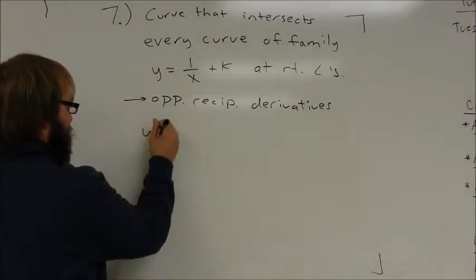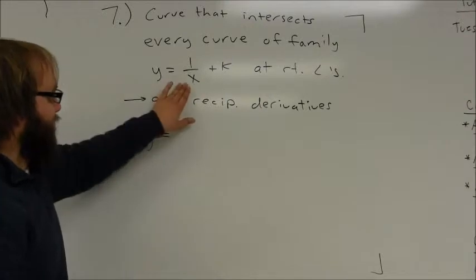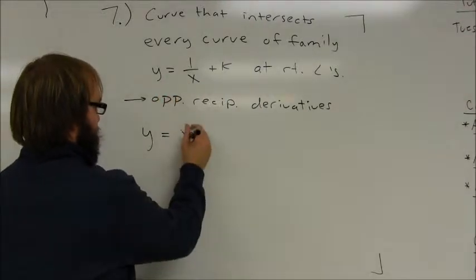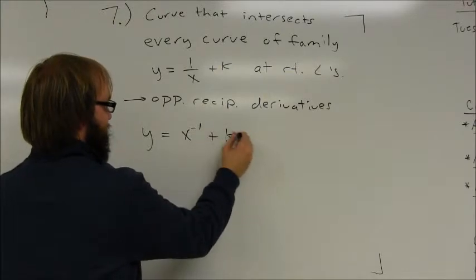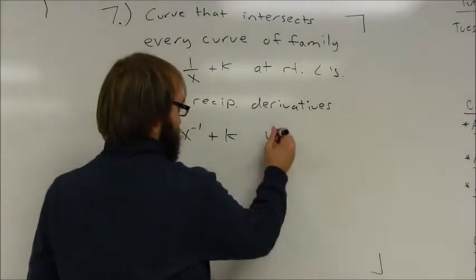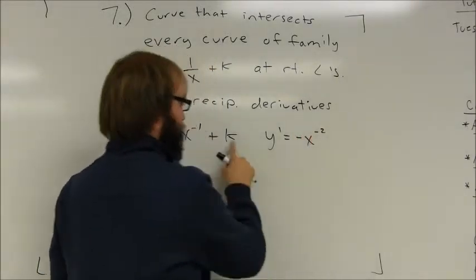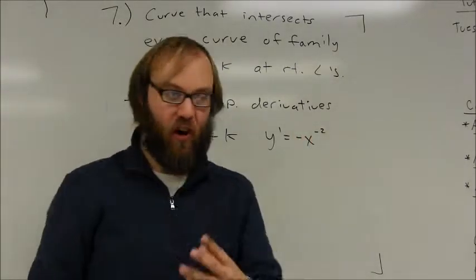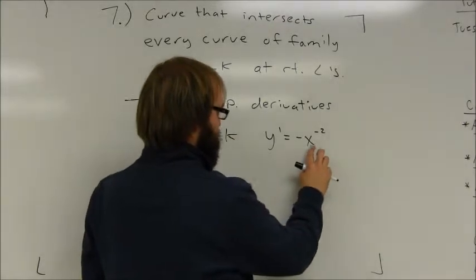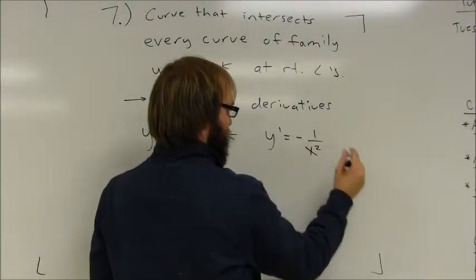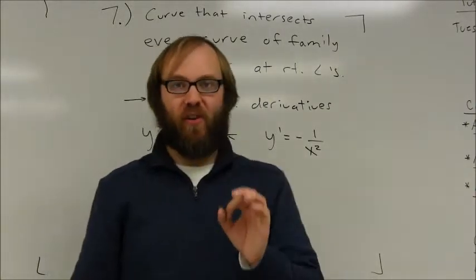So I know that y prime, I'm going to rewrite the original function here first. I'm going to write that as x to the negative 1 plus k. The derivative here then is going to be negative x to the negative 2. Derivative of a constant is 0, and just for the heck of it, I'm going to write that as negative 1 over x squared.